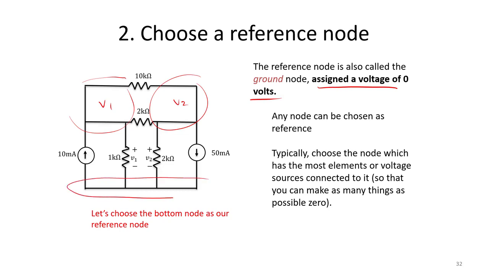So let's choose the bottom node as our reference. And again, if it's not clear which node you should choose, sometimes it will be given to you as a grounded node. Other times you just want to choose the node that has the most things connected to it, so that lots of stuff can be made 0.